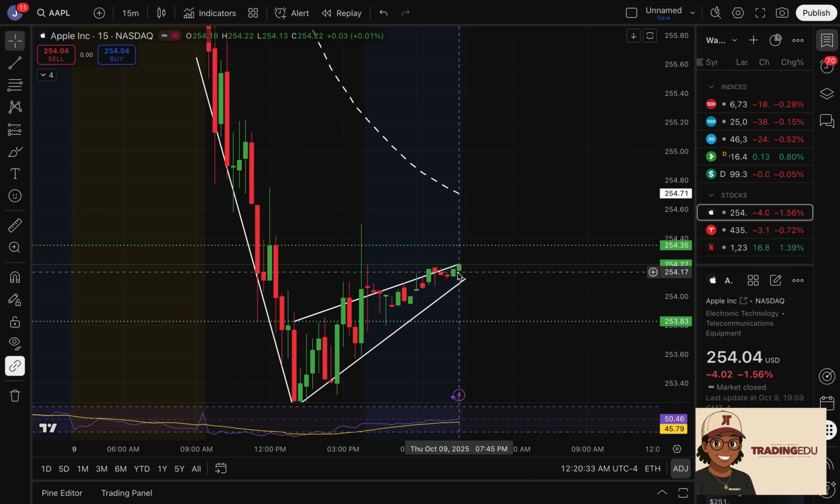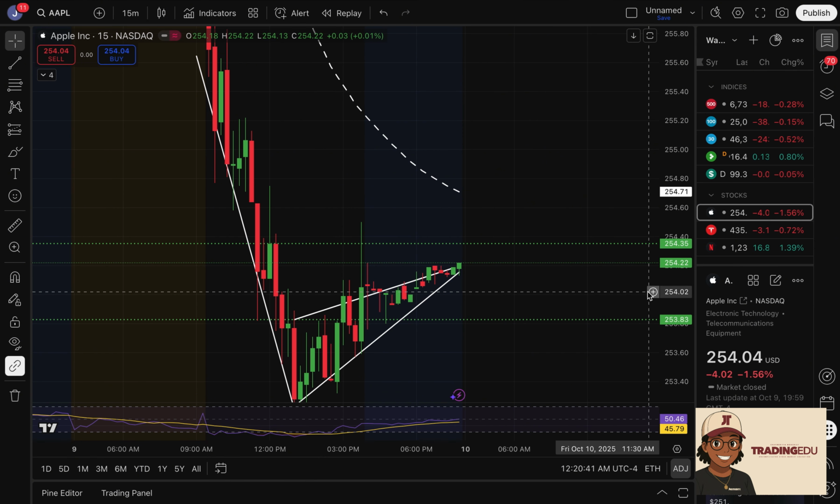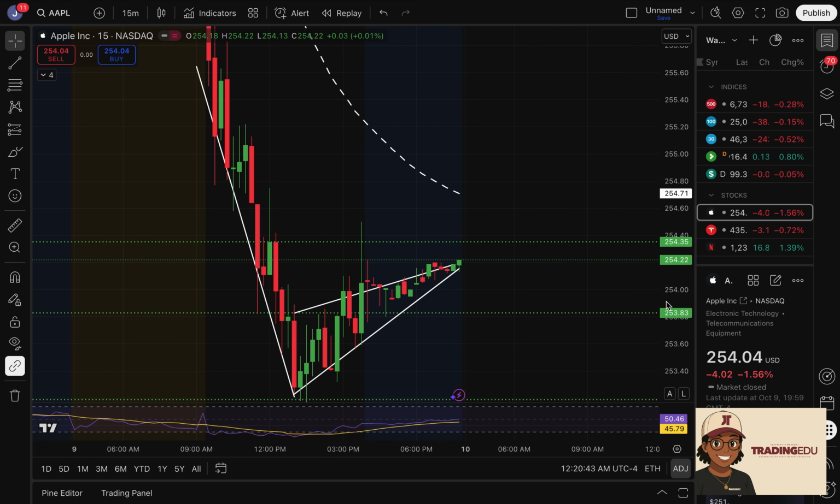And then we begin to look for a potential breakout, whether to the upside or the downside. Now, you may notice with Apple, this is a 15-minute time frame. So if I were to really act on this, unless I had confirmation on a higher time frame, this would really be seen as a shorter term play.